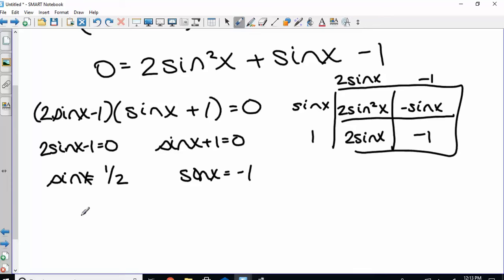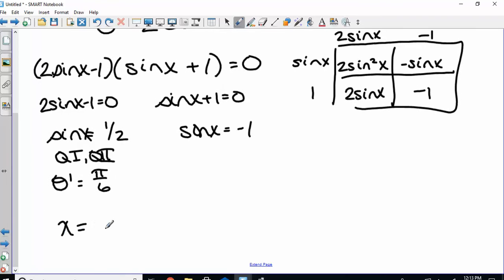Quadrants, if sine is positive, that would be quadrants. Reference angle, when is sine 1/2? 30. 30, we're in radians, so that's pi over 6. So x equals pi over 6 in quadrant 1. In quadrant 2, that's 5 pi over 6. When sine is equal to a negative 1, that's at 270, which is 3 pi over 2.